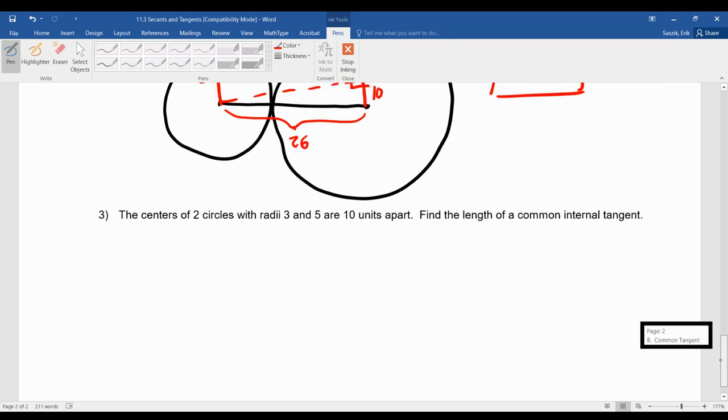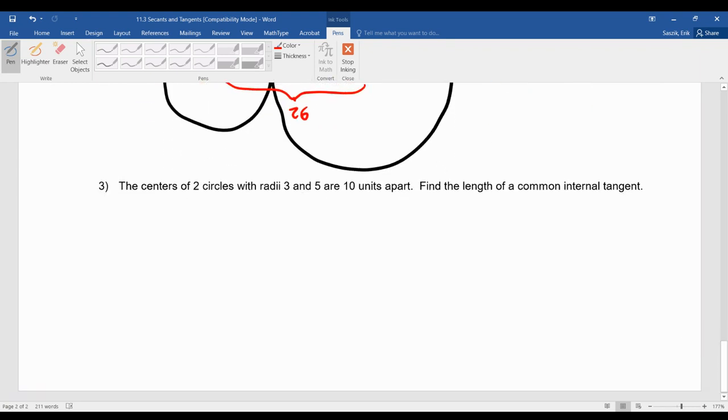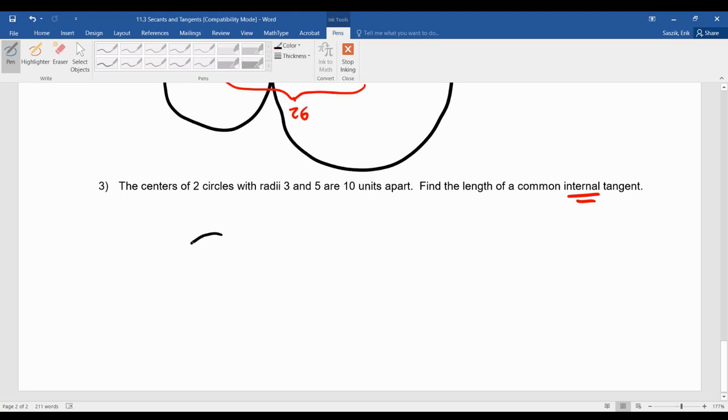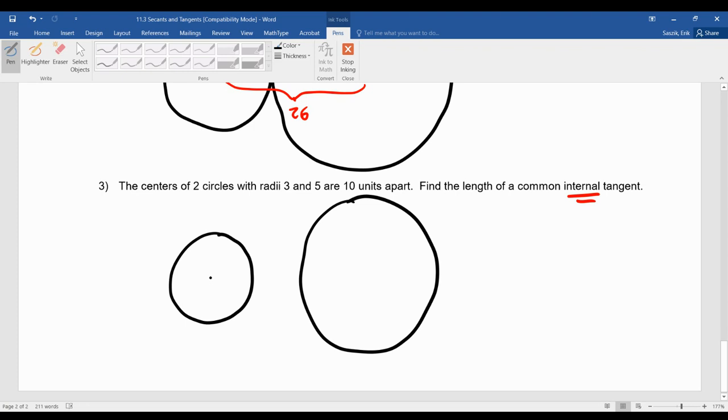Okay, last one, and this is new. This says internal tangent. Now, if you look at this, we have radii 3 and 5, and the centers are 10 units apart. So we're actually going to draw circles that have a gap in between. Connect the centers.